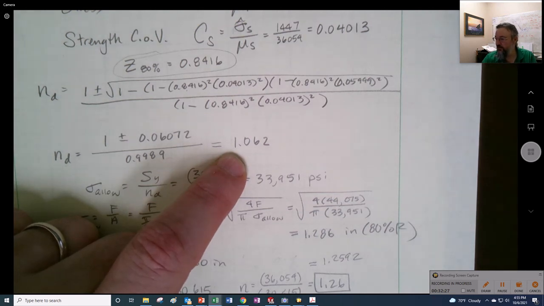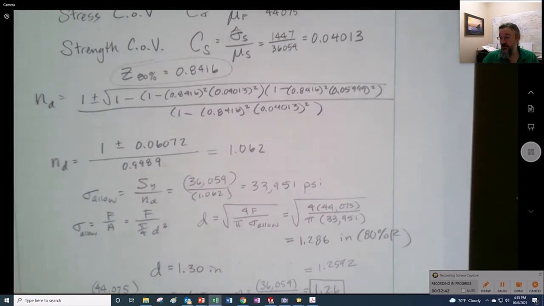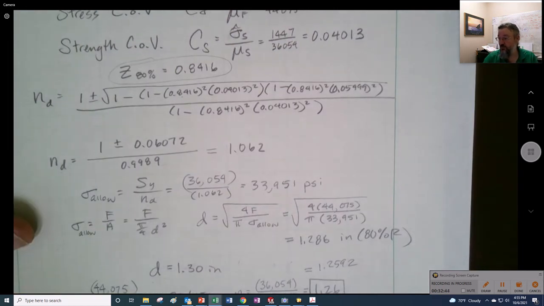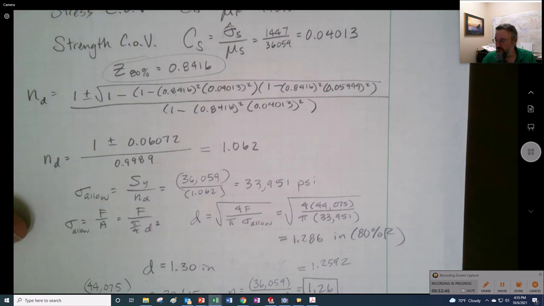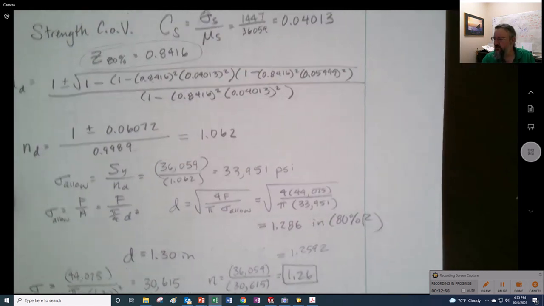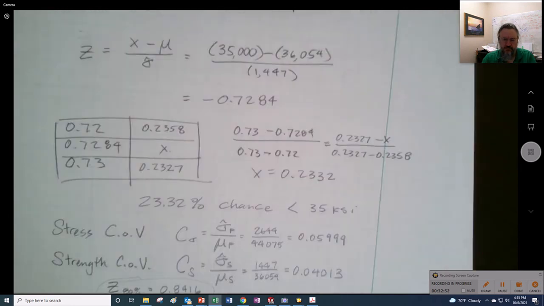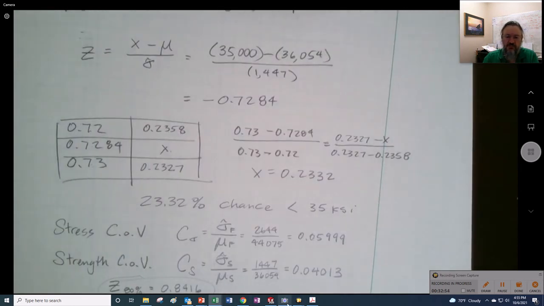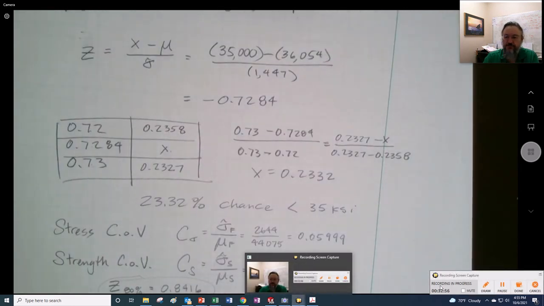Okay, 1.178, and then I end up getting a required diameter of 1.354. Then I pick out 1.4, which is much higher, right? So much higher. I'm trying to think about that. It's just a good thing to compare, based on reliability. So, done.